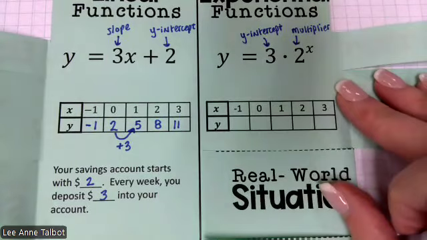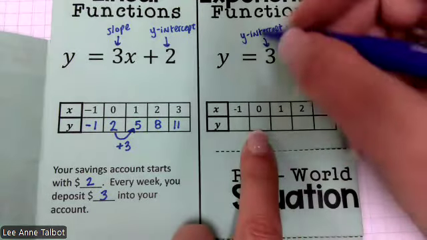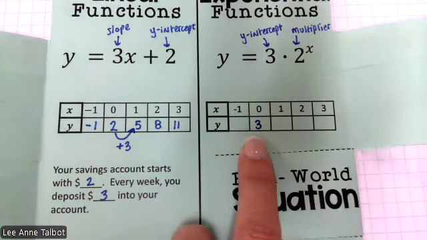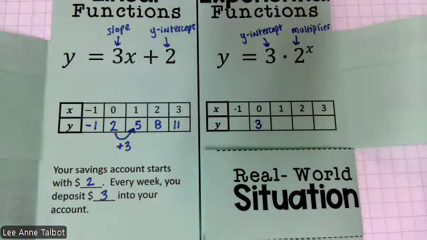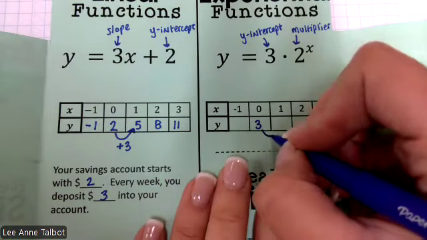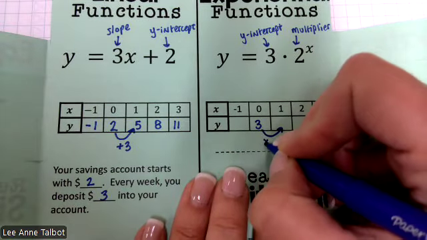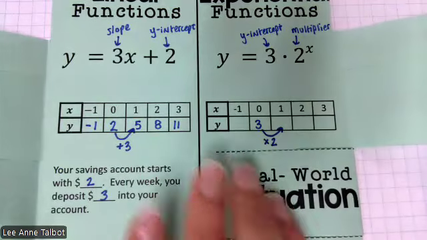Okay. Now this time the y-intercept is 3. My start is 3. And make your Amazon arrow and put ×2.